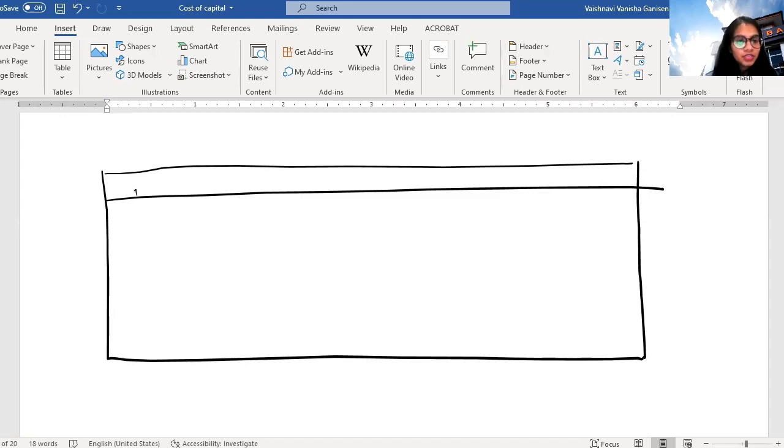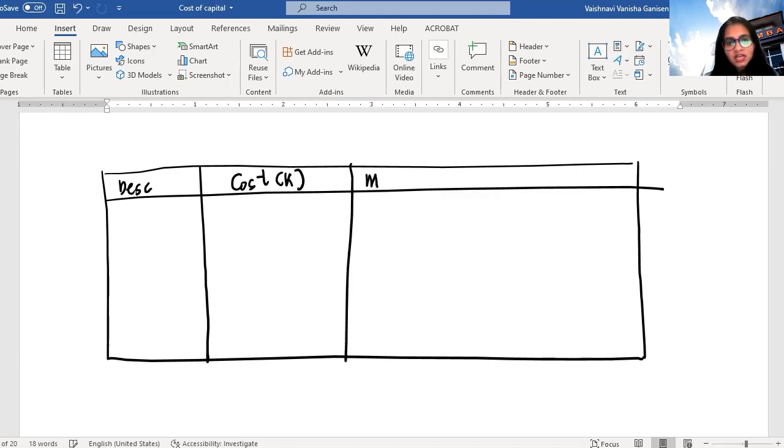So here would be the description. Just follow first, guys. Cost, which I would show in the form of K. Market value, and K times MV.